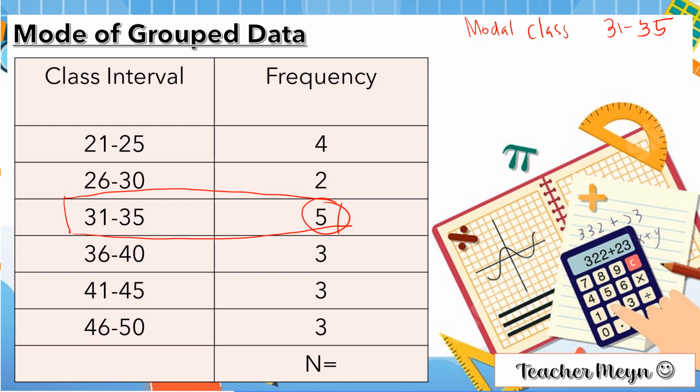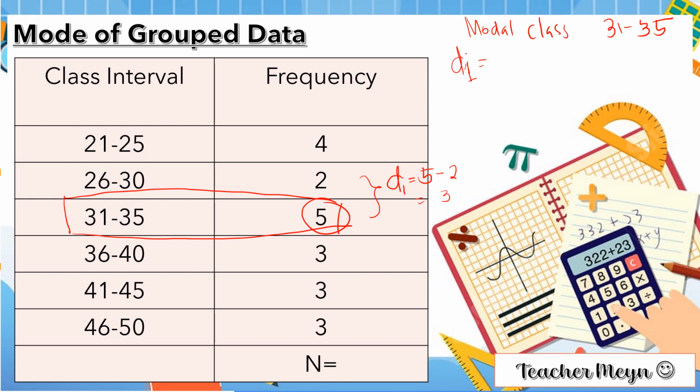Its frequency is 5. Now we will find D sub 1. To compute D sub 1, where the modal class is, we subtract the frequency above it. So the frequency of 31 to 35 is 5 minus 2, so the answer is 3.